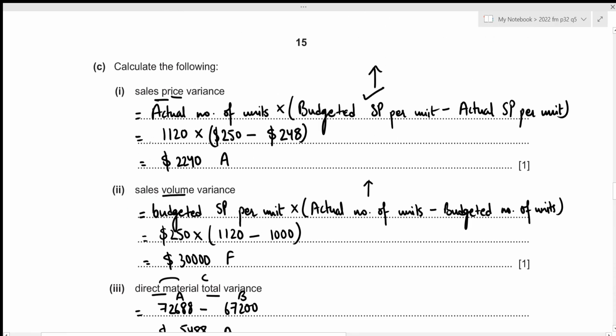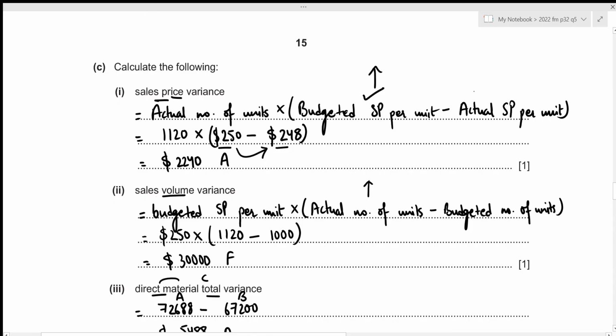Let's have a look at the sales price variance. We know that our budgeted price was 250, whereas the actual one was 248, which means that there was a reduction in selling price, right? And due to this reduction, our actual number of units sold increased. The actual number of units sold was 1,120, whereas the budgeted one was 1,000. So due to this reduction in the selling price, 120 more units were sold.